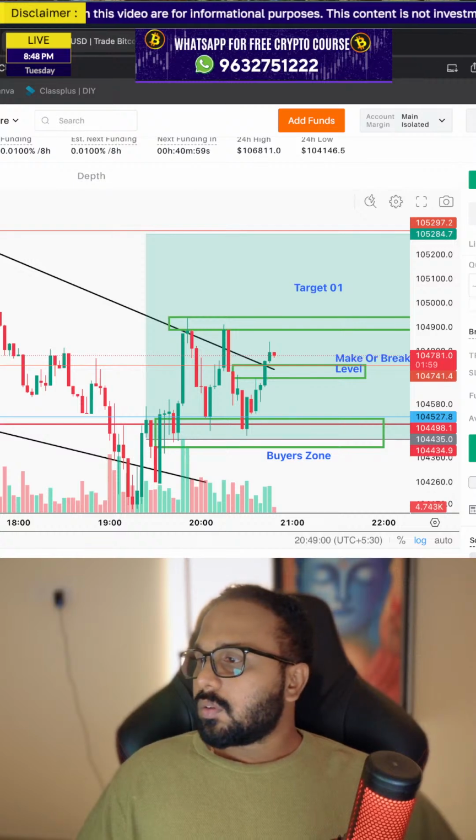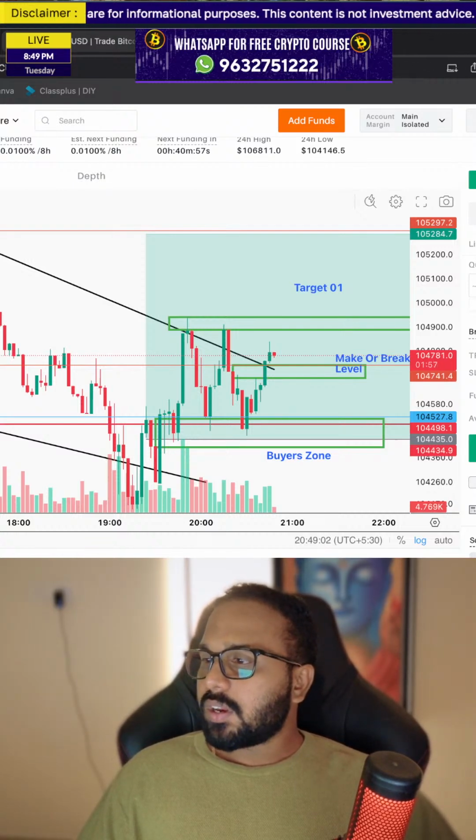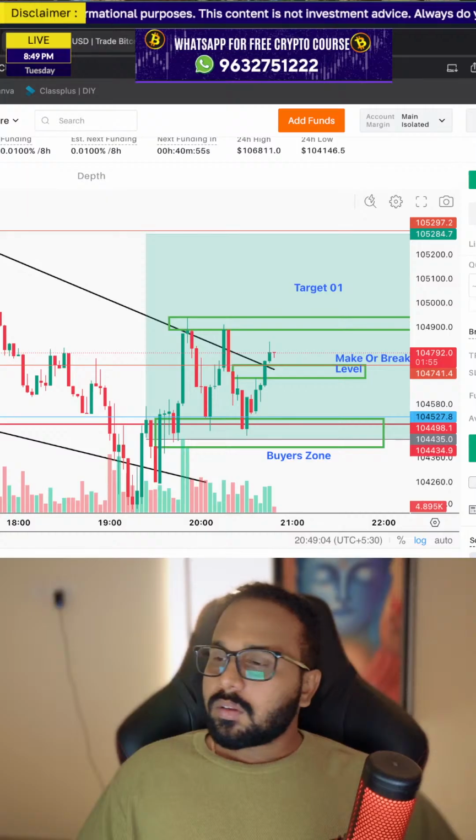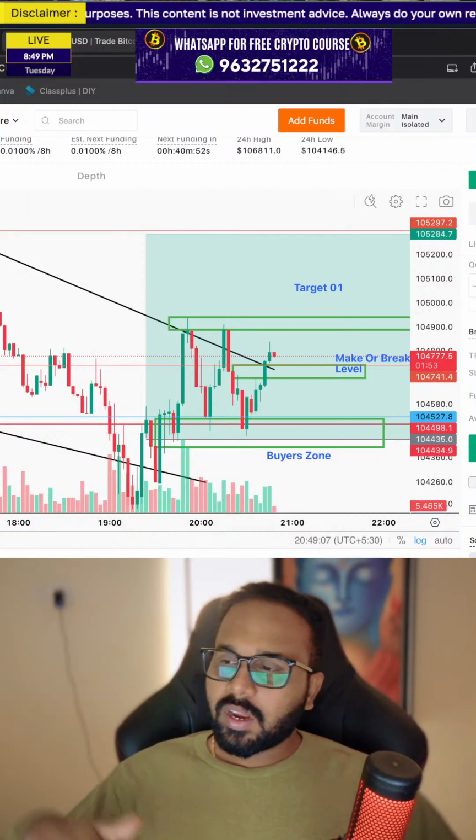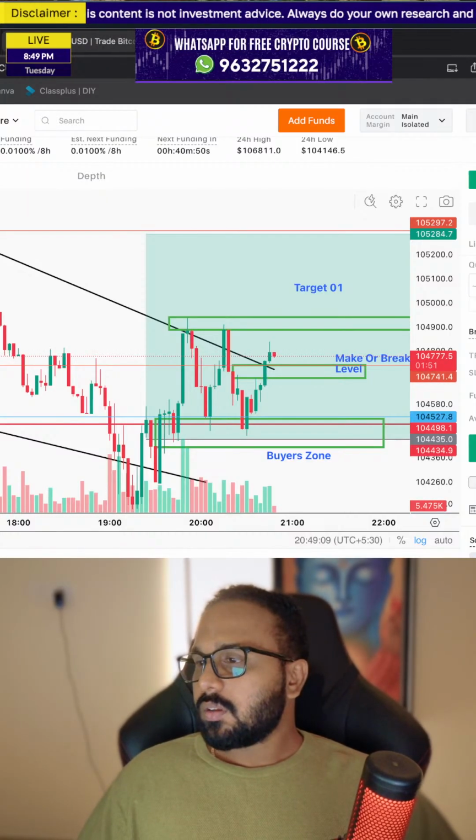S&P 500 is holding on. Nasdaq is kind of pulling back and holding on. Hopefully.